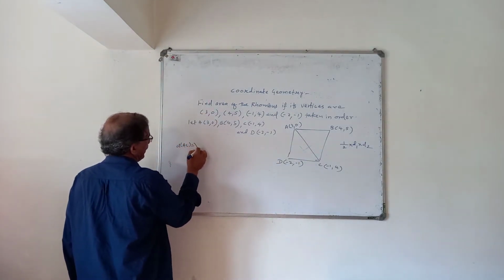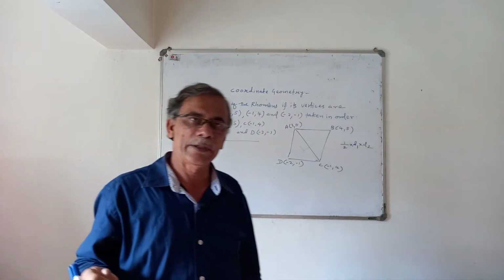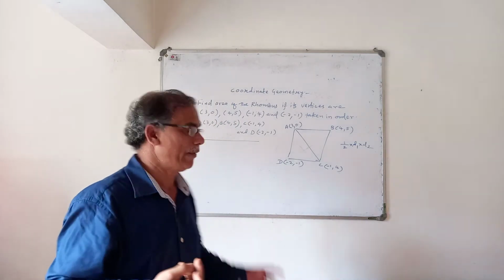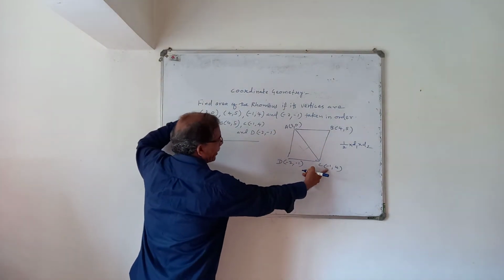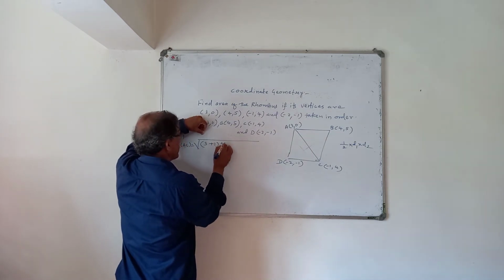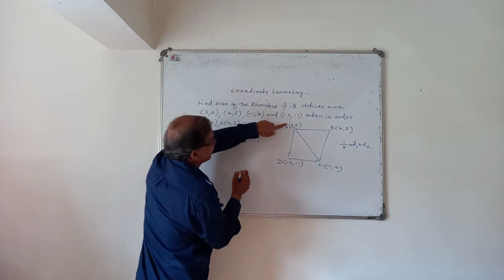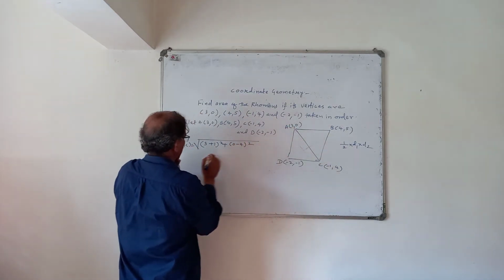What is the formula? Root of x coordinate difference whole square plus y coordinate difference whole square. So I shall directly write now 3, this is already minus, so 3 minus 1 means plus 1 whole square, plus y1 minus y2 means 0 minus 4 whole square.